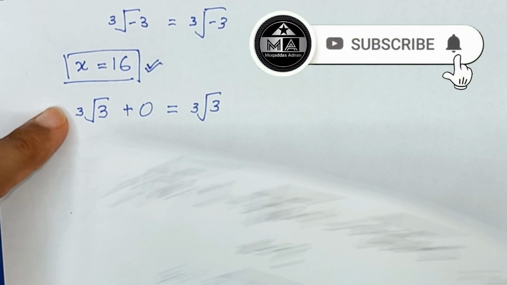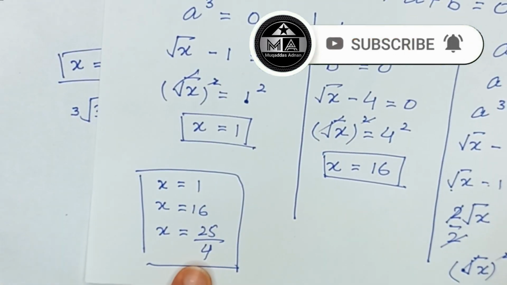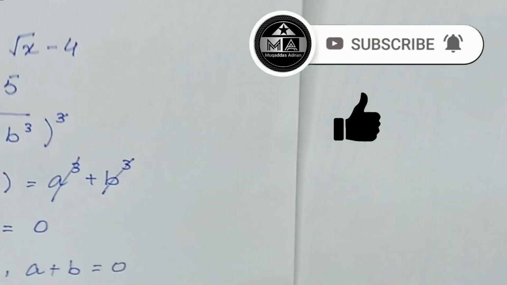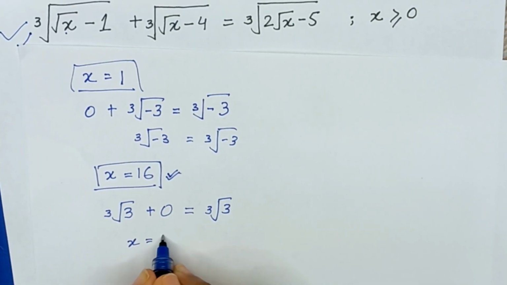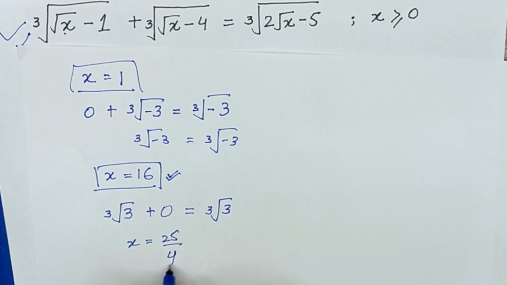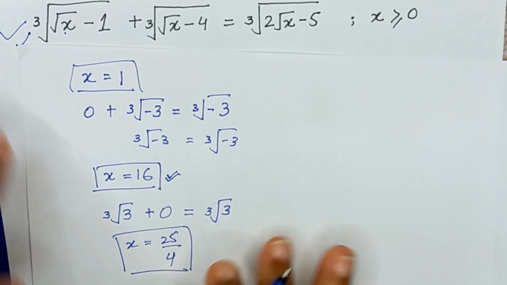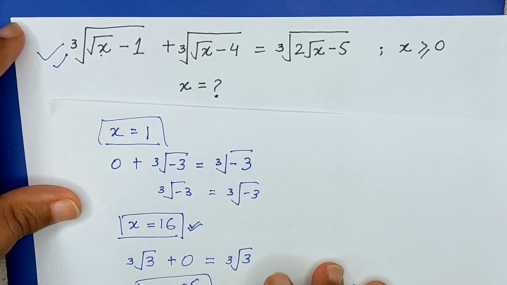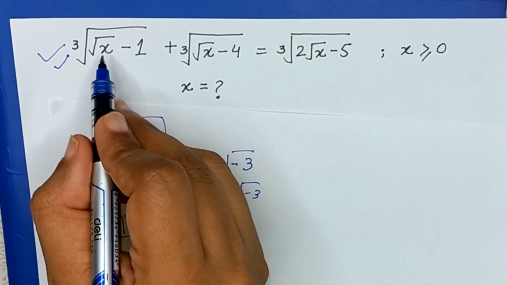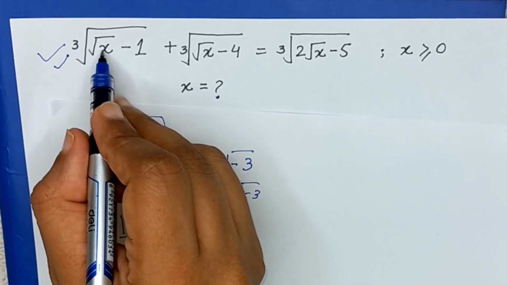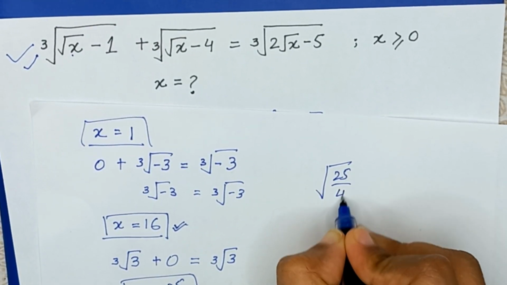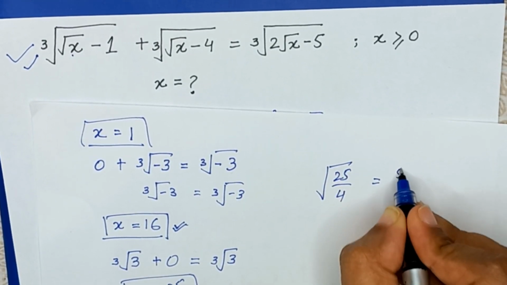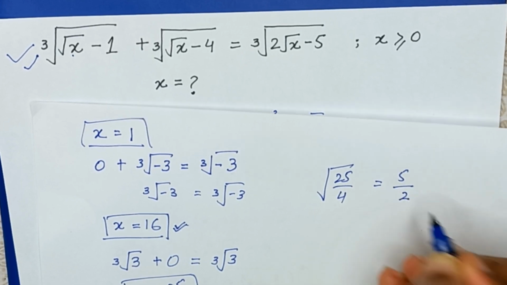Now we have the third solution, which is x is equal to 25 divided by 4. So now we will substitute here 25 divided by 4. So square root of 25 divided by 4 will be equal to square root of 25 is 5 and square root of 4 is 2.